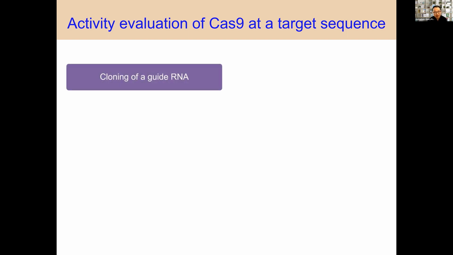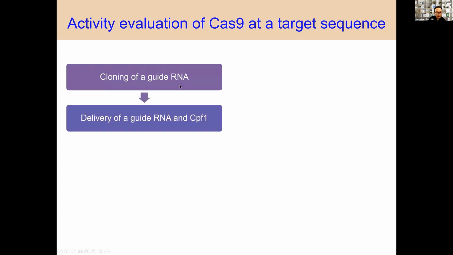For example, we can evaluate a CRISPR nuclease first. For this, we need to make a guide RNA. Then we deliver this guide RNA encoding sequence together with the CRISPR nuclease encoding sequence, for example Cpf1 or Cas12a, into cells by transient transfection.